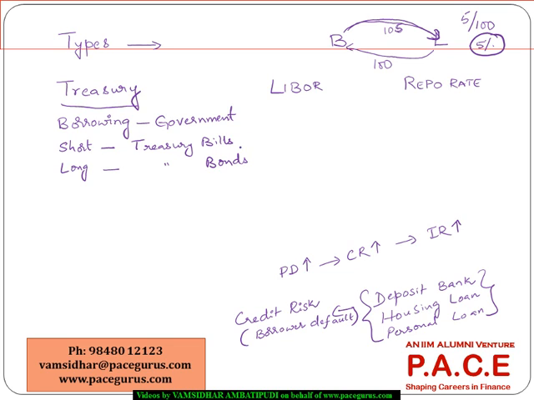This is the way the government borrows from the general public and investors. So investors lend money to the government, either in the short term or the long term, and in the domestic currency itself, not foreign currency. And we are all aware of this.